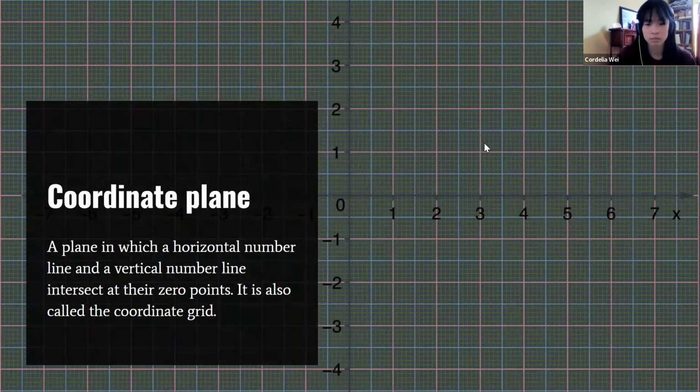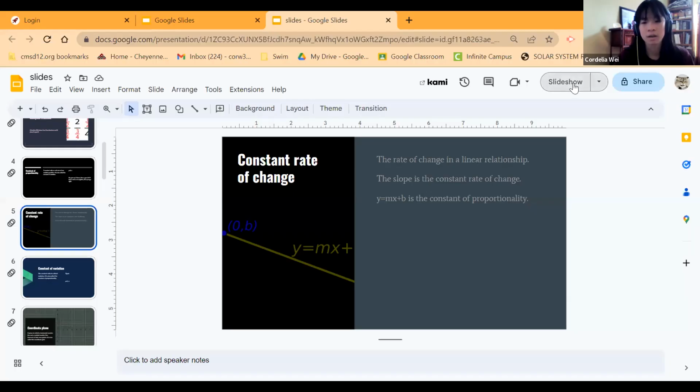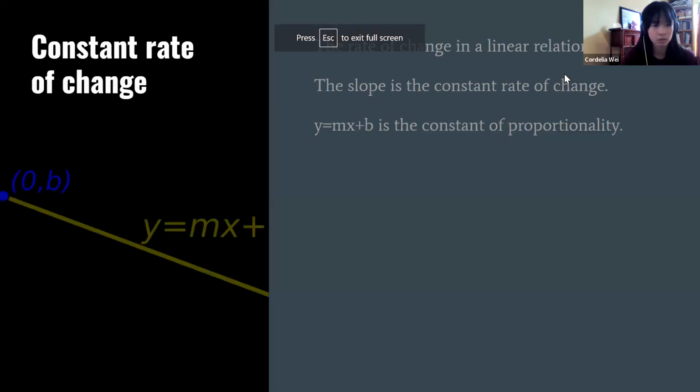Having troubles again. Okay, so back to where we were. A rate of change in a linear relationship is just a line, how much it goes up. So a slope is a constant rate of change. That means the line is straight and it goes up at a constant rate.